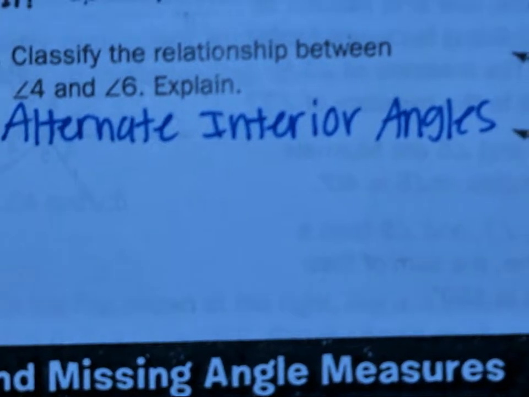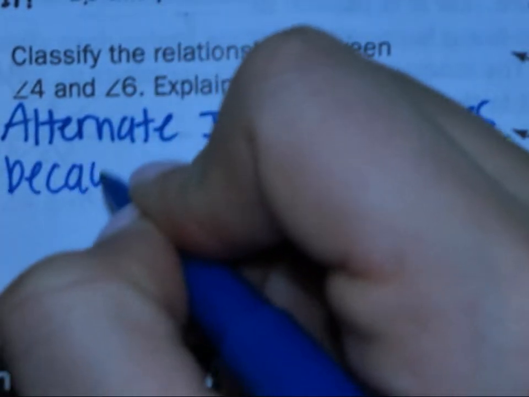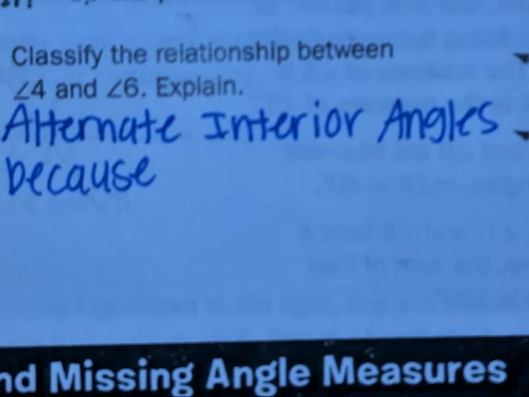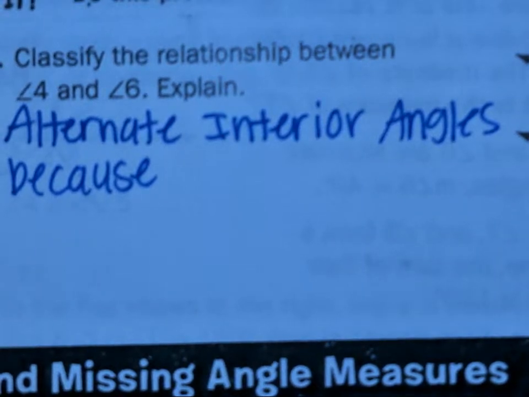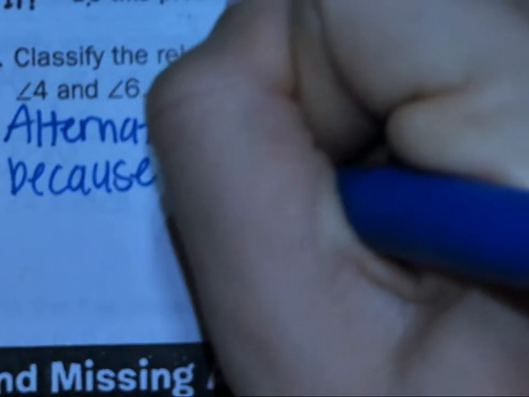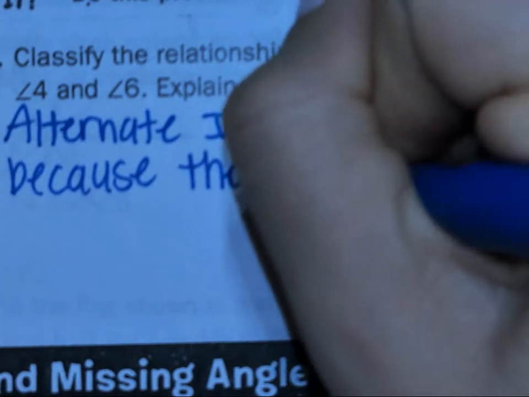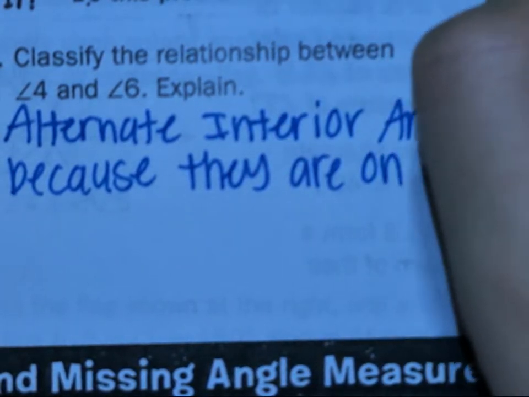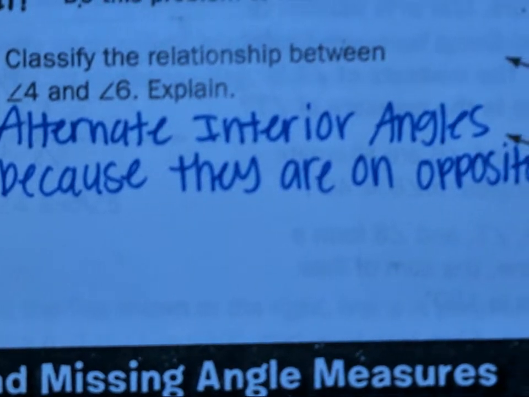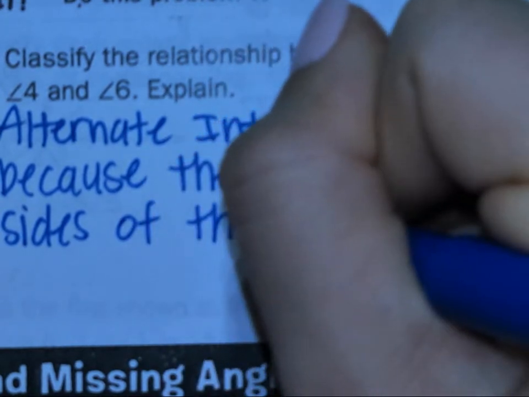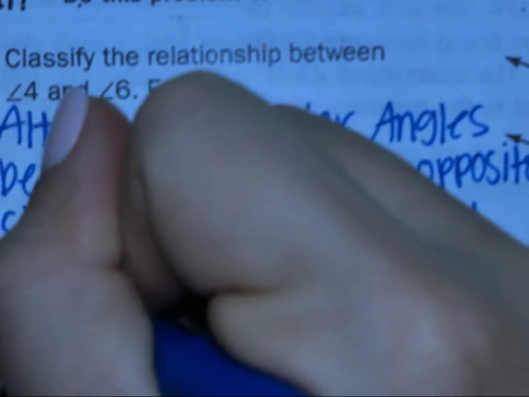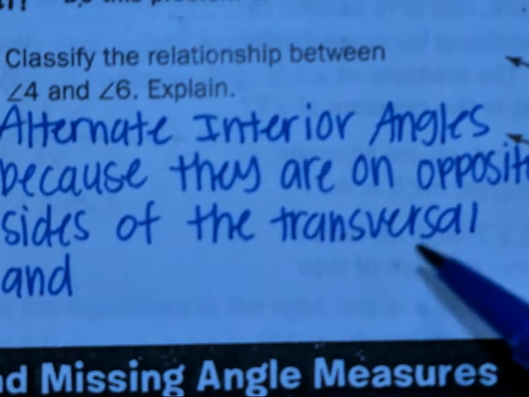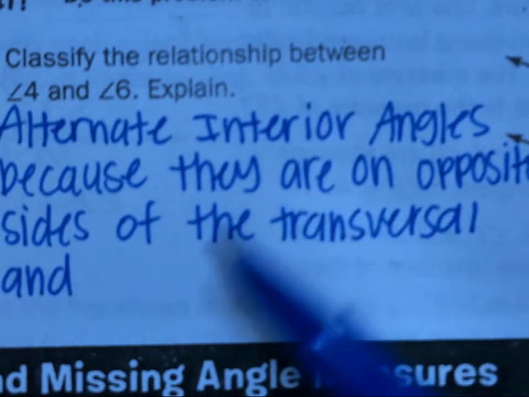And I know this because why? Starts with a T. Transversal. Because they're on opposite sides of the transversal. And what else? That tells me that they were alternate. How do I know that they were interior?